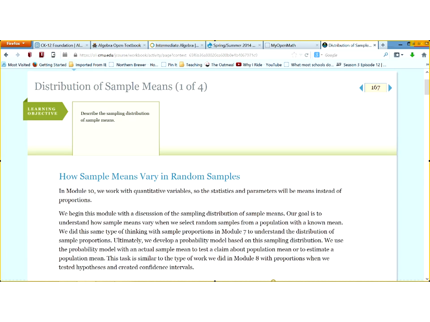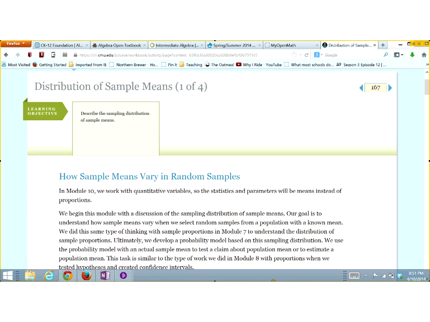Let's real quick review what we remember about the distribution for sample proportions.